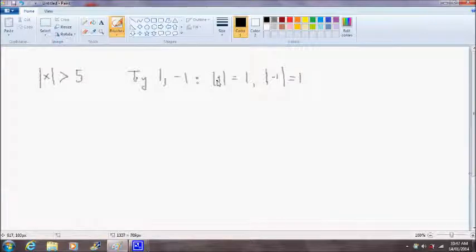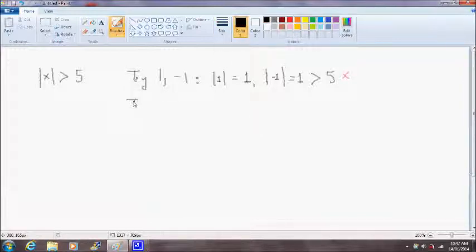I'm just going to write these ones with a little head and a tail so we don't get them confused with the vertical absolute value bars. So this obviously does not satisfy that expression, because each of them is less than 5.